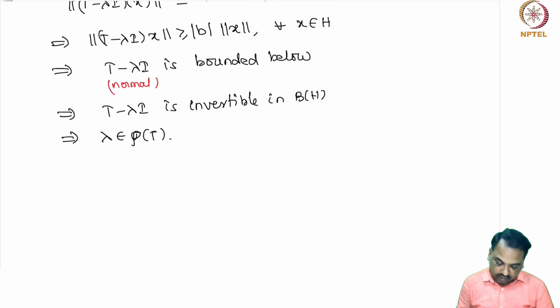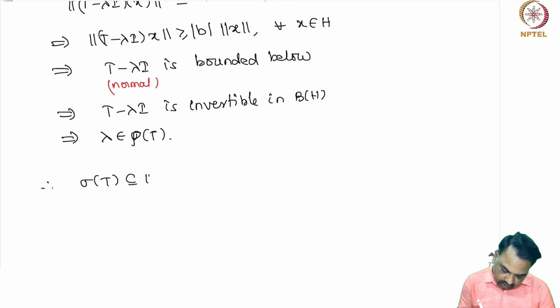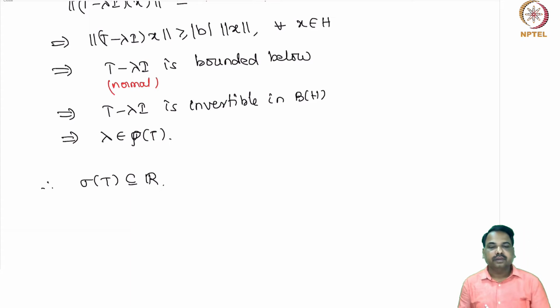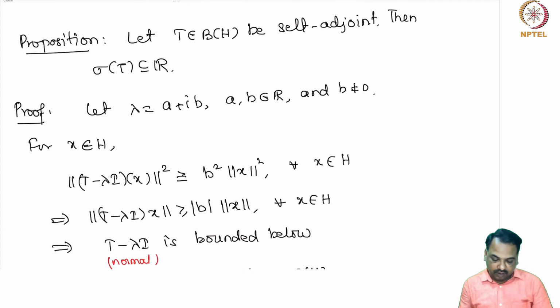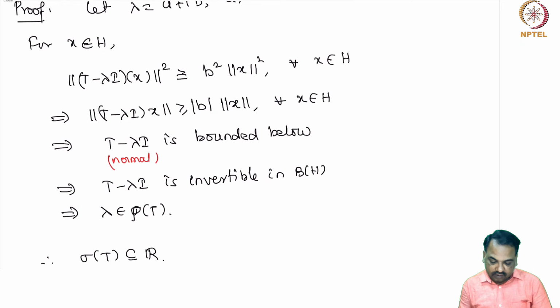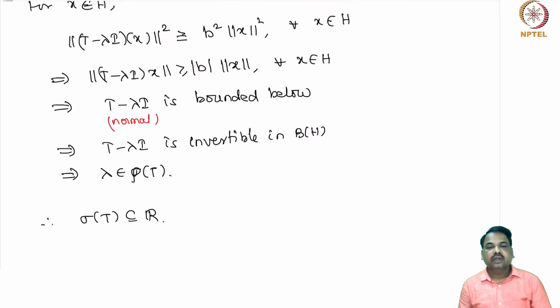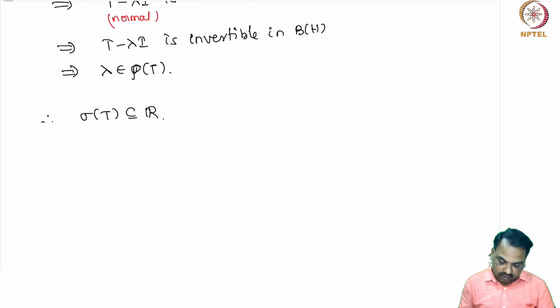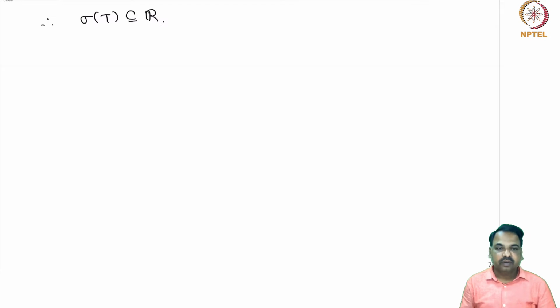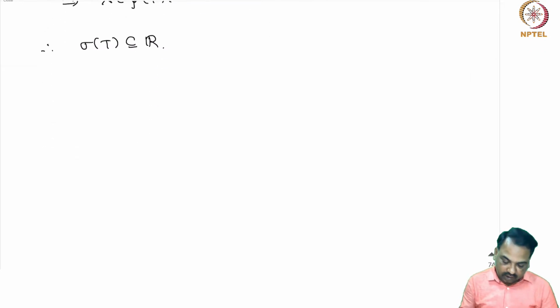That means this implies the spectrum of T is contained in R. Okay. So here we use the fact that when T is self-adjoint and lambda is a complex number, T minus lambda is normal, and use the fact that a normal operator is bounded below if and only if it has a bounded inverse. Now let us try to observe the spectrum of a unitary operator.